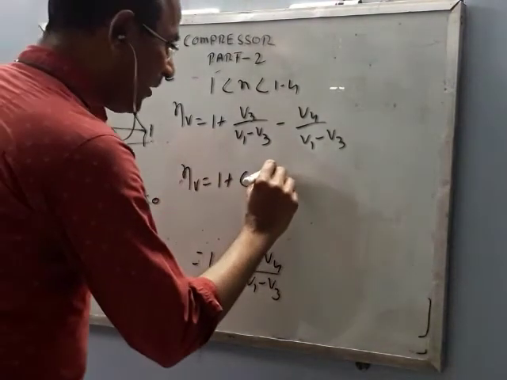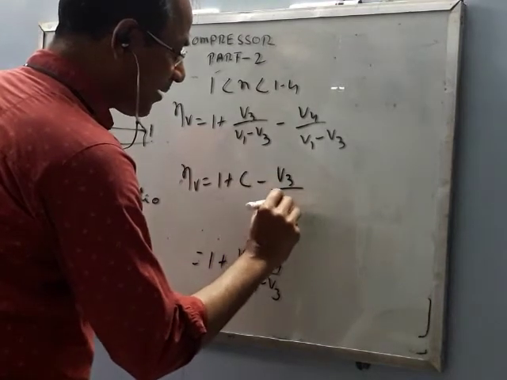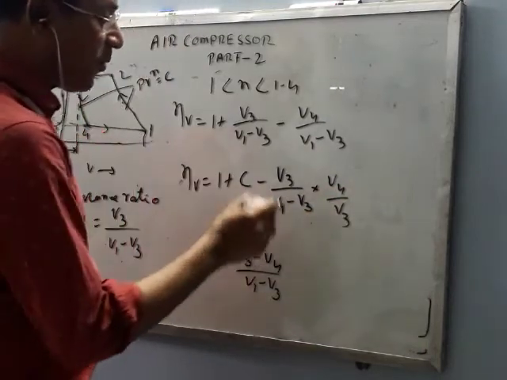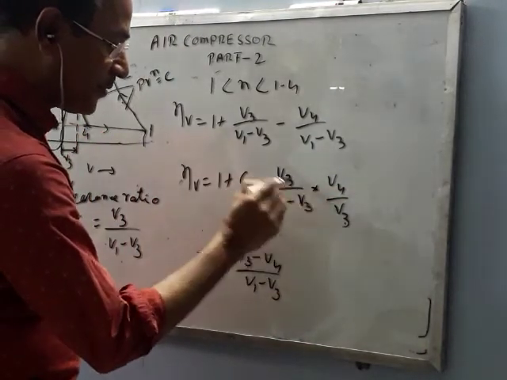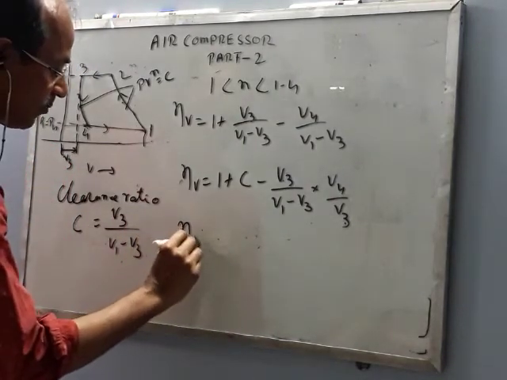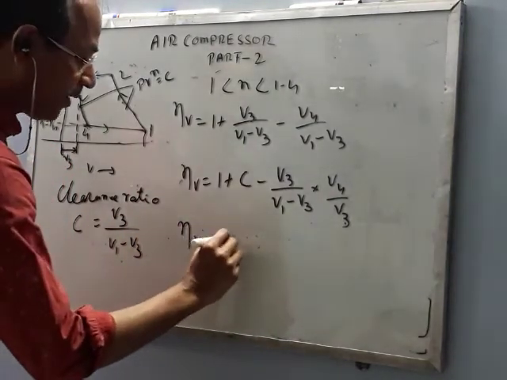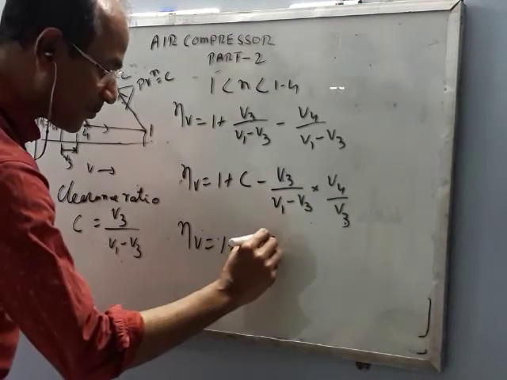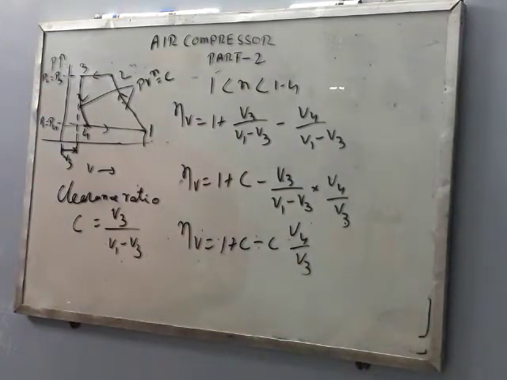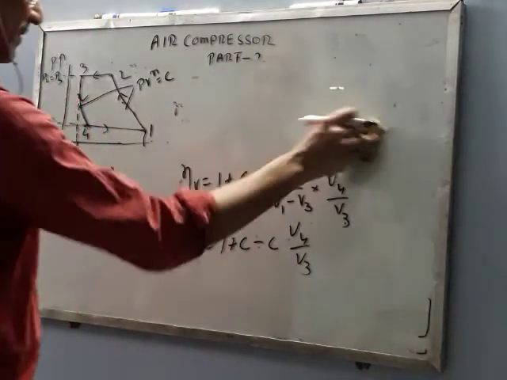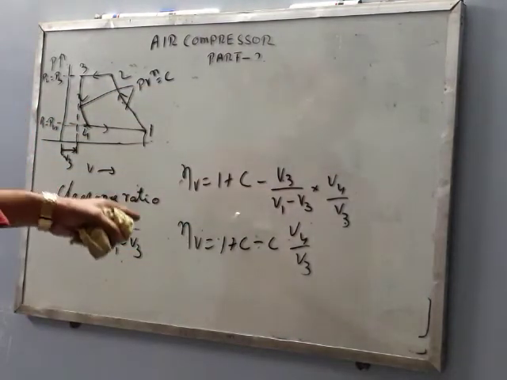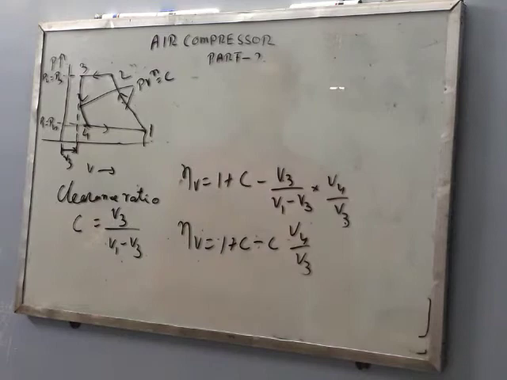Now if we write V3 by V1 minus V3 into V4 by V3, so we multiply by V3 and divide by V3, then volumetric efficiency is equal to 1 plus C minus C times V4 by V3.